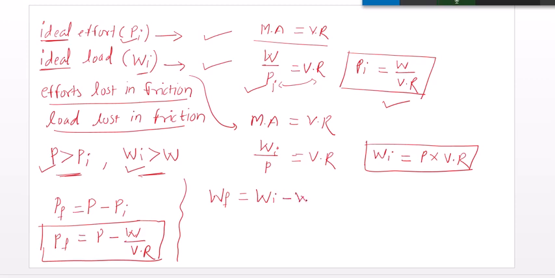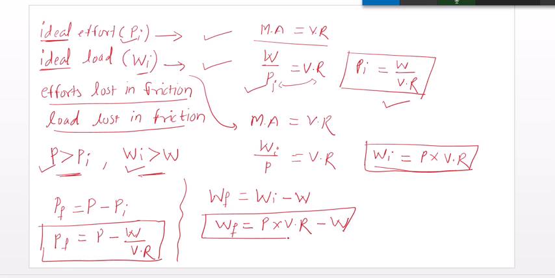The ideal load is P into velocity ratio, as we have found, minus W, that is actual load. This is the formula for load lost in friction. Clear?